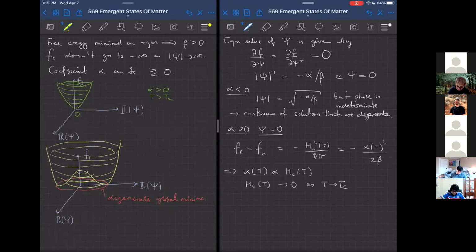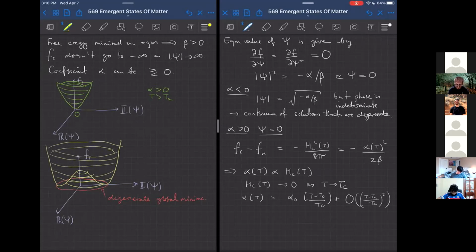And so we will generally expand alpha of t around tc. So alpha of t is written down as some constant times t minus tc over tc plus higher orders in t minus tc, like so.